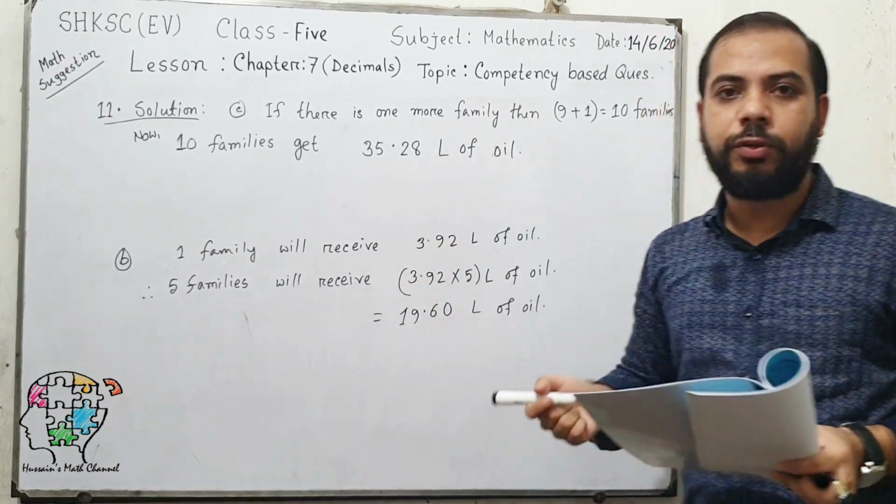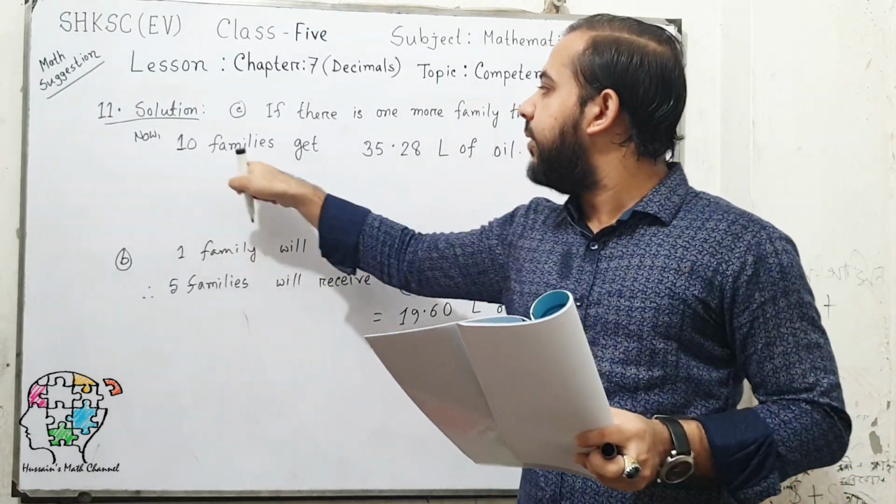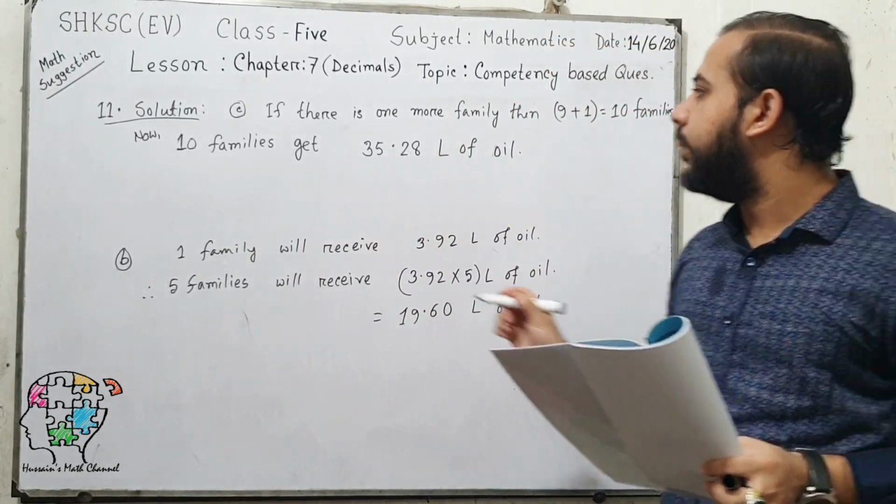Remember, the amount of oil in the question remains the same, that is 35.28 liters. 10 families get 35.28 liters of oil.